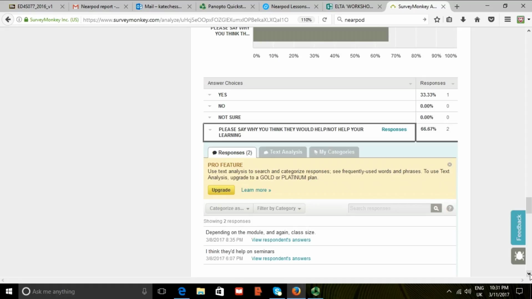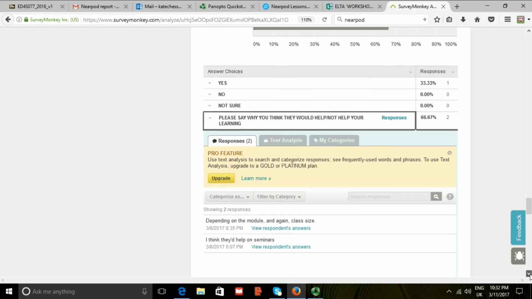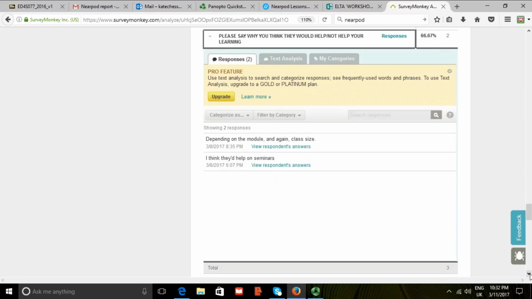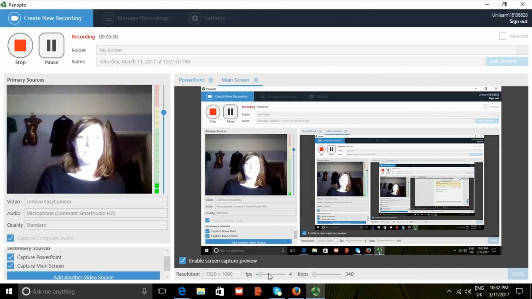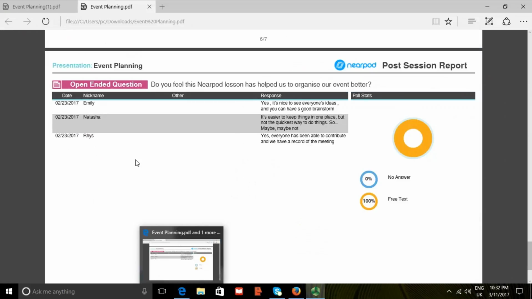As I said, it depends on the module and the class size. I don't know how well it would work for really big classes. The most I've tried it with is about 10 or 12, but they agreed that it might be really useful for seminars. So anything that involves discussion or collaboration, it would be ideal for. So there you go. Thank you very much.